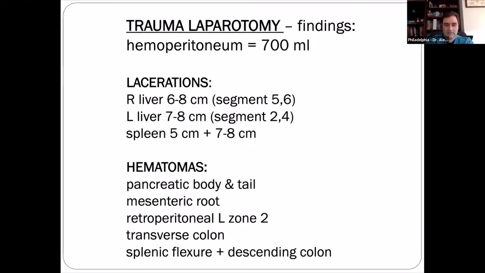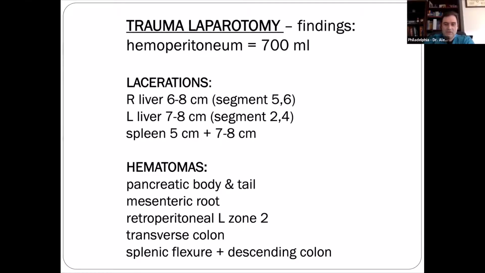I would not mess with the pancreas at this time, even though it has a hematoma. The hematoma at the root of the mesentery is a little bit concerning, and also the one in zone 2 on the left. If it's not expanding, I would not go and explore that.